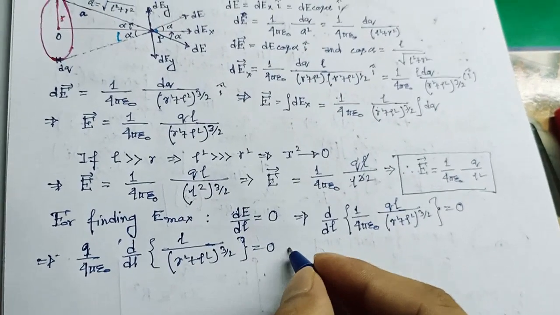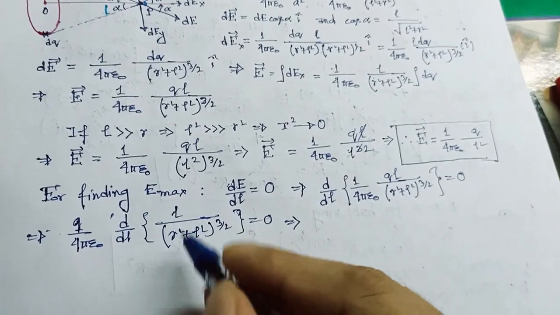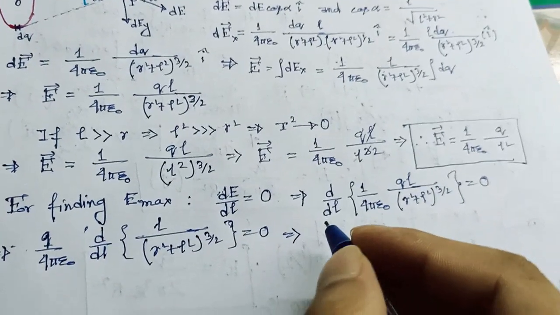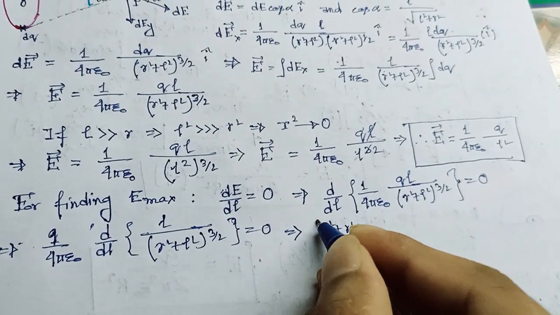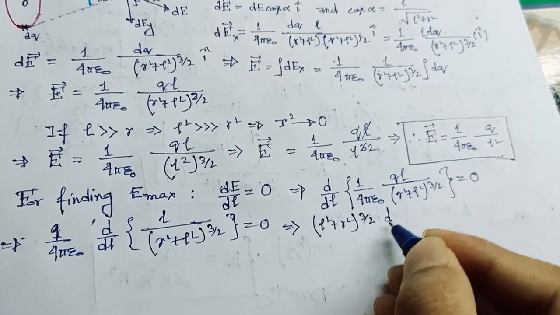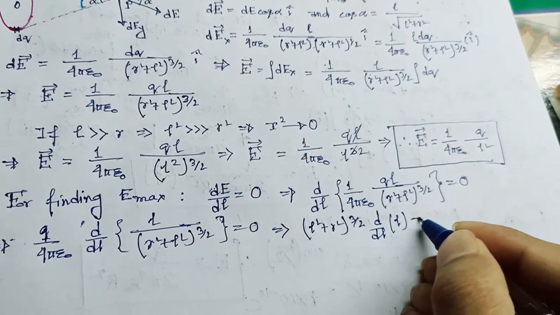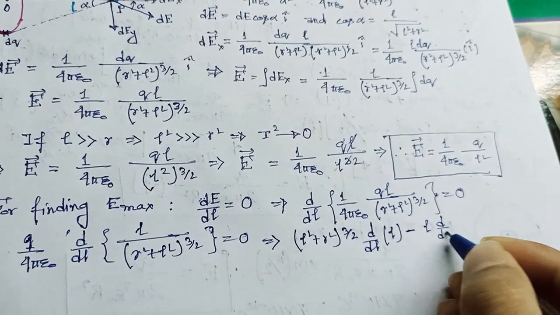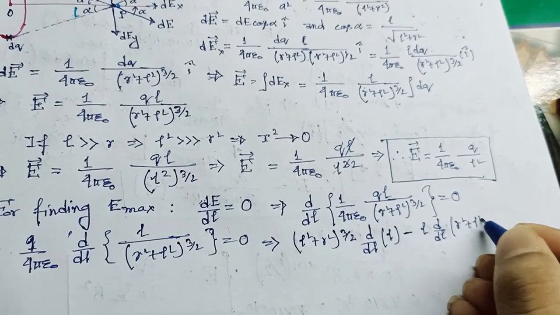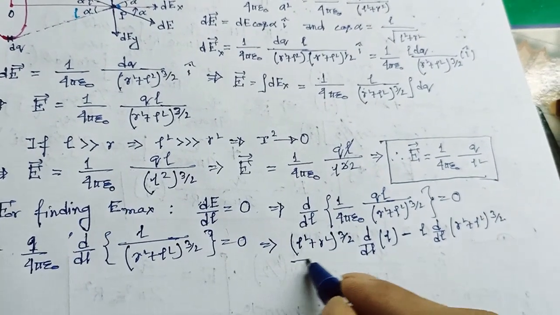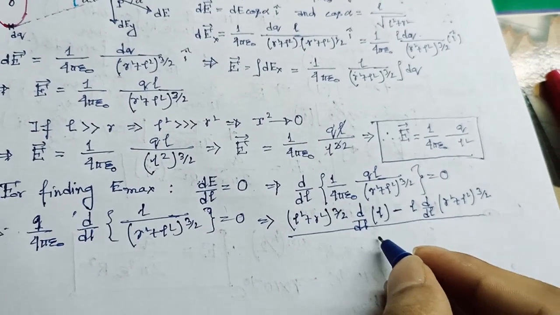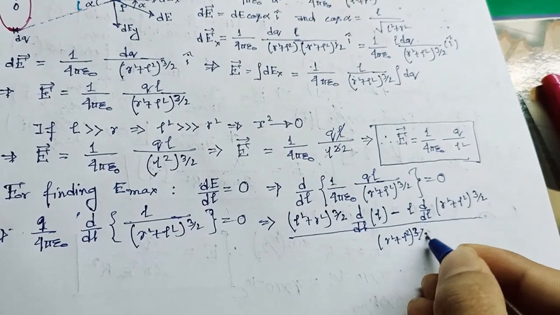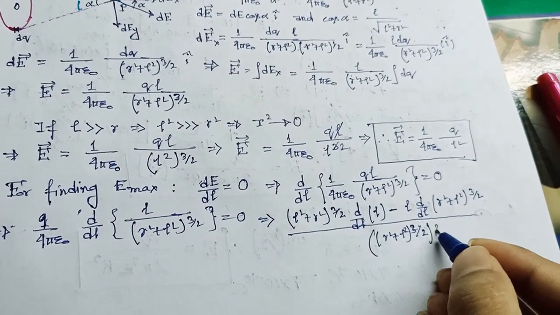If we differentiate this term, we get (L square plus R square) whole to the power 3 by 2 into d/dL of L, minus L into d/dL of (R square plus L square) whole to the power 3 by 2, divided by ((R square plus L square) whole to the power 3 by 2) whole square, is equal to 0.